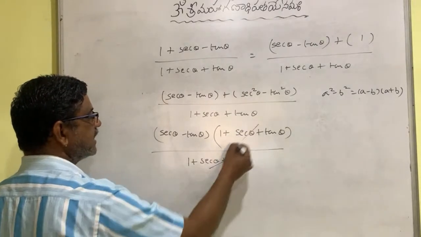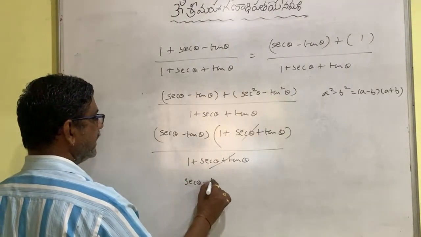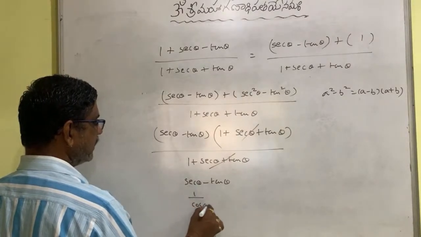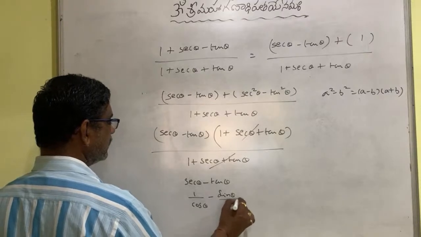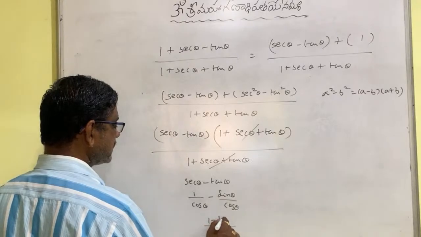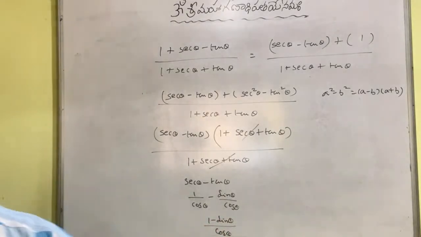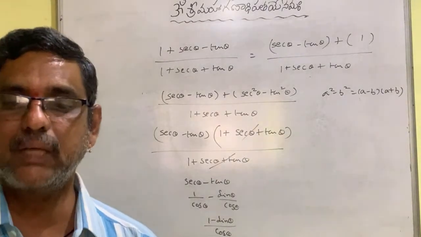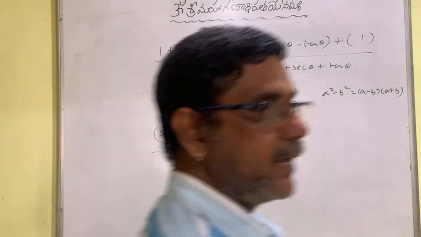So these two get cancelled. What is remaining? Secant theta minus tan theta. So this is 1 by cos theta and this is sin theta by cos theta. Cos theta LCM, 1 minus sin theta. So the answer is 1 minus sin theta by cos theta. Okay na?